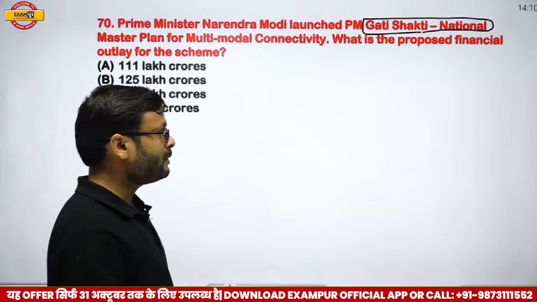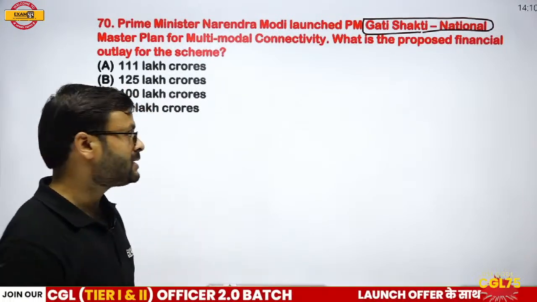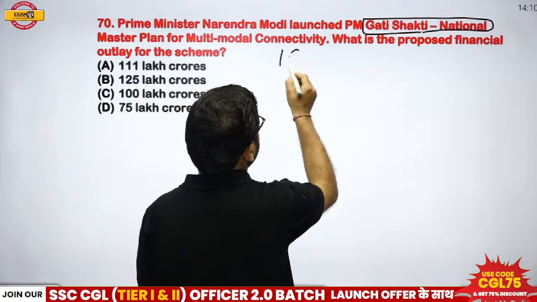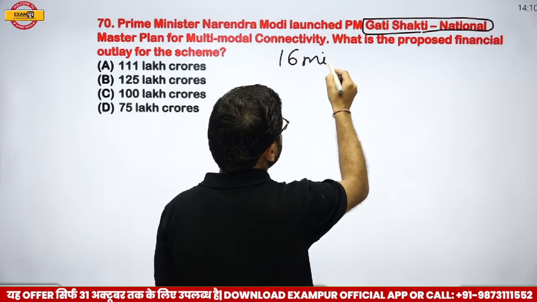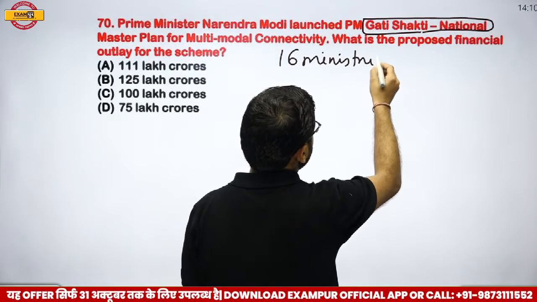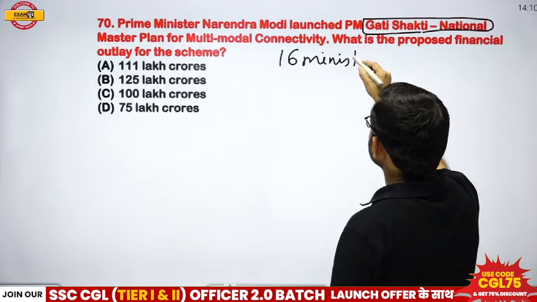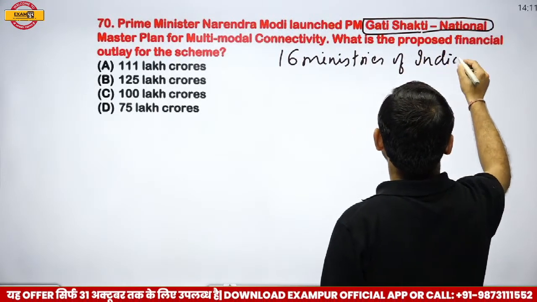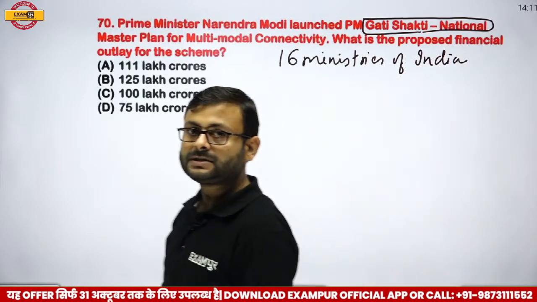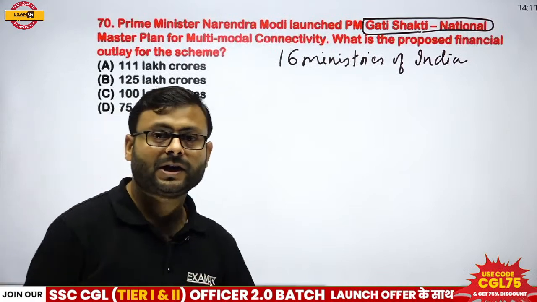2021 by the government, and it is a plan which is going to connect 16 ministries of India, so that the infrastructure projects are not delayed and they are completed in their stipulated time.